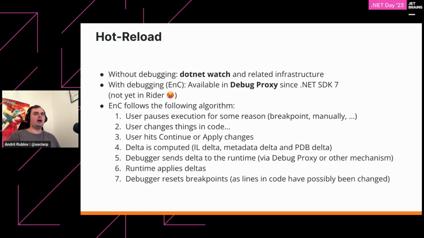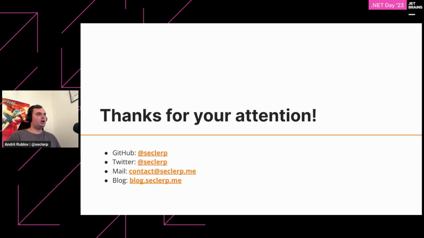After changing the code, the user may also change the number of lines in files. So that's why it's important to update breakpoints. And now everything is ready. The debugger gives the go-ahead and code execution continues from the point in code where it stopped. And yeah, that's all. Thanks for your attention.